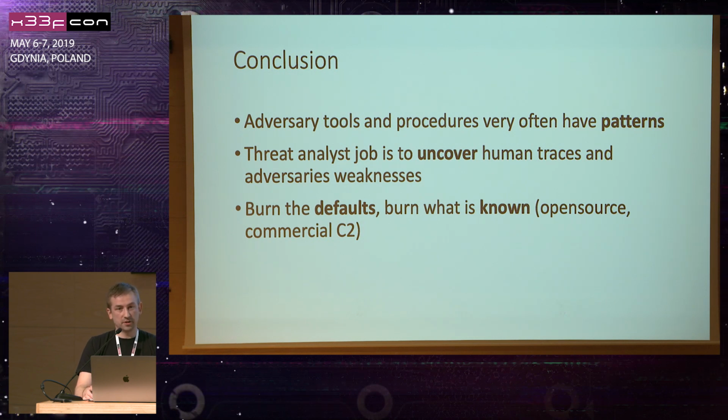We have to use this knowledge to burn it, and for sure we have to burn everything that's connected with open source and commercial C2 servers. What is known, what is default, this should be detected by us and prevented. So thank you for your time.